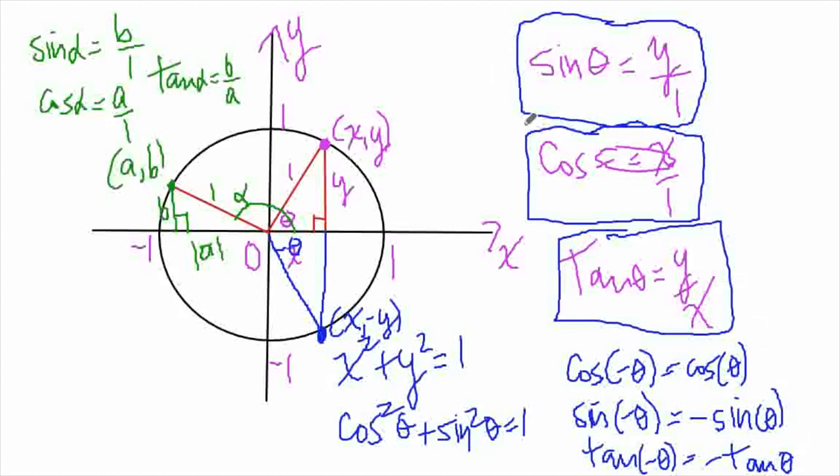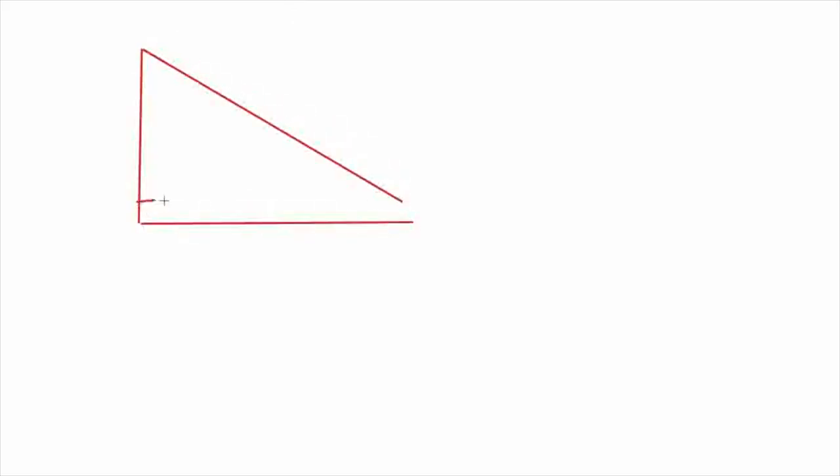Let me go to a new page now. We know that the angles of a triangle have to add up to 180. So if I have an angle here, theta, this one has to be 90 degrees minus theta. Let's not use x because we already used that, it had special meaning on the last slide.